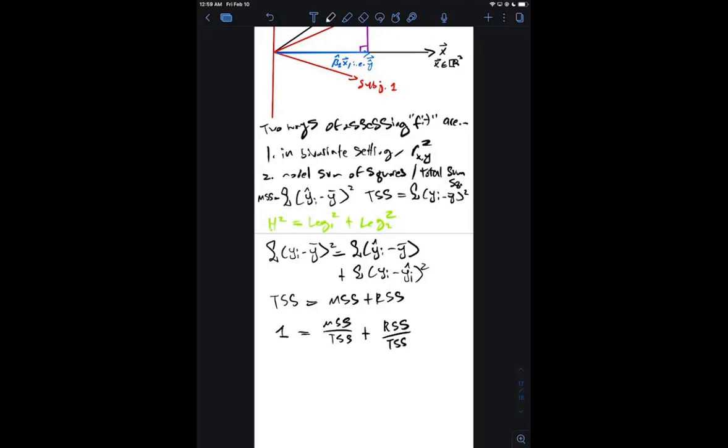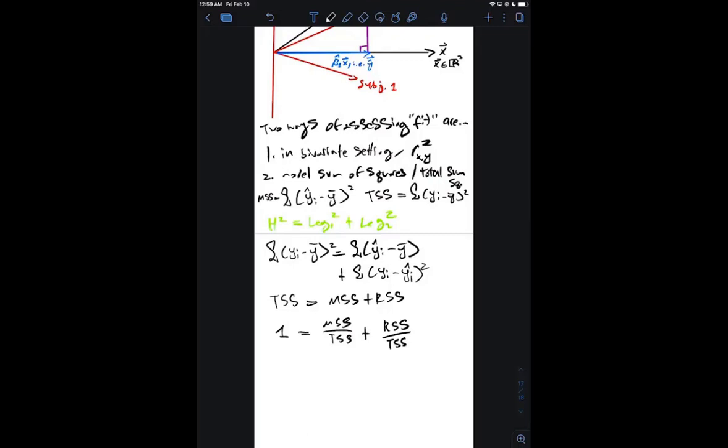So if we take one as a stand-in for what some people might be more comfortable thinking of as 100%, we could scale this by 100 too if we want, and it would have the same meaning, but we don't need to do that. What this is telling us is that the model sum of squares and the residual sum of squares, when taken as fractions of the total sum of squares, have this obvious fact that they have to sum together to one.